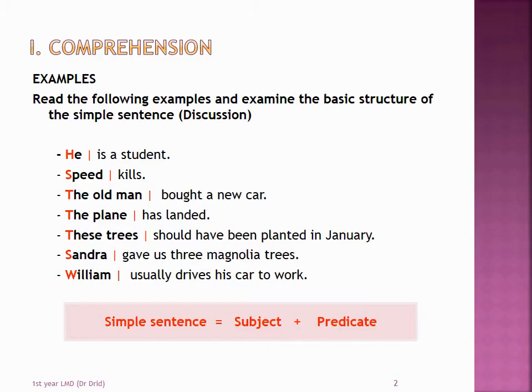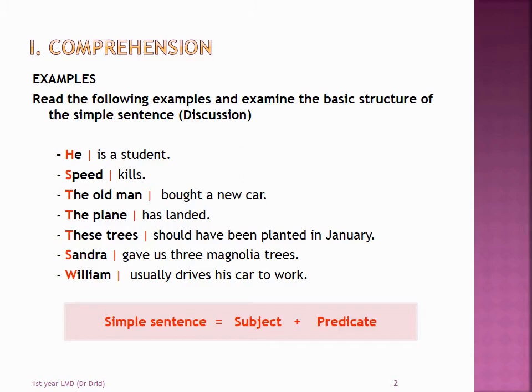Now let's say something about the general structure of the simple sentence. We take the first example. He is a student. Here there are 2 main parts, he and is a student. Now the topic that we are speaking about, it can be a person or a thing. Here in that case it is he, is called the subject, what we are speaking about.